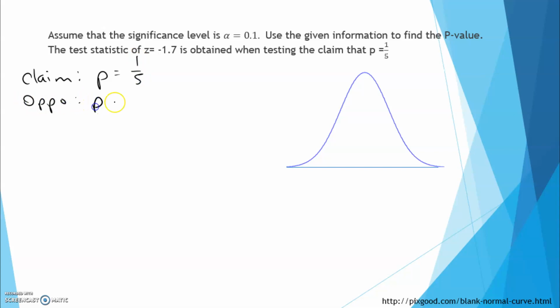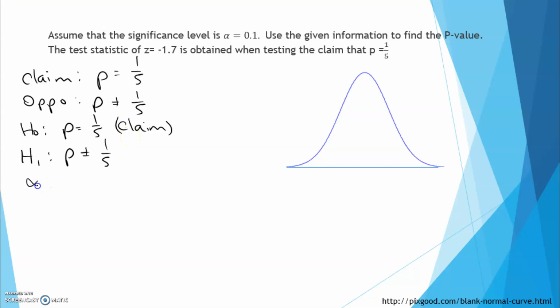The opposite is p is not equal to 1 over 5. H sub 0, p is equal to 1 over 5. H sub 1, p is not equal to 1 over 5. Which now our claim is H sub 0.